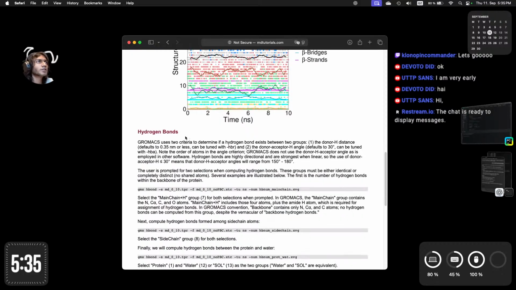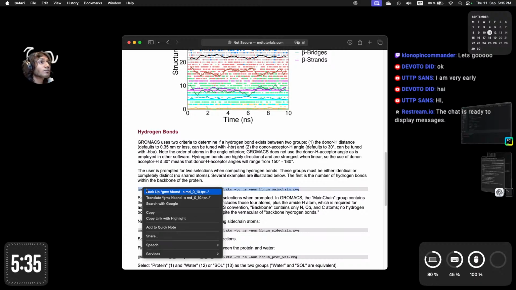Hydrogen bonds. GROMACS uses two criteria to determine if a hydrogen bond exists between two groups. If I understand, I just run this code.